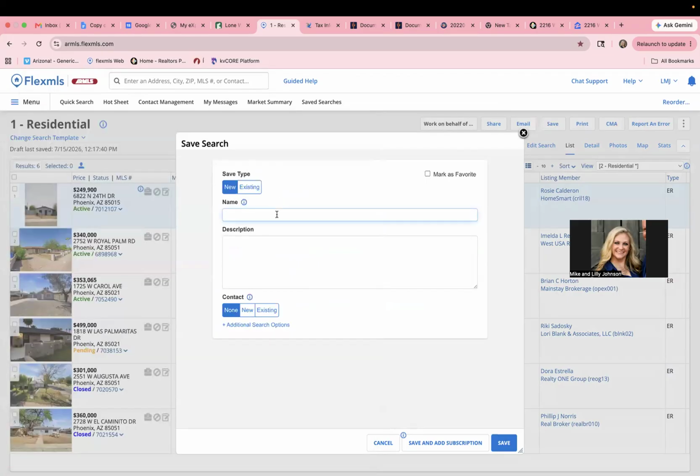And this is just how I label them. I label the last name and the address, and I call it a living CMA because it changes. And then I can play with it later. But that just kind of gives us an idea.